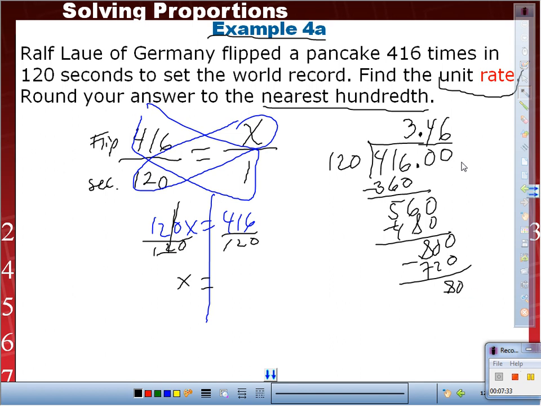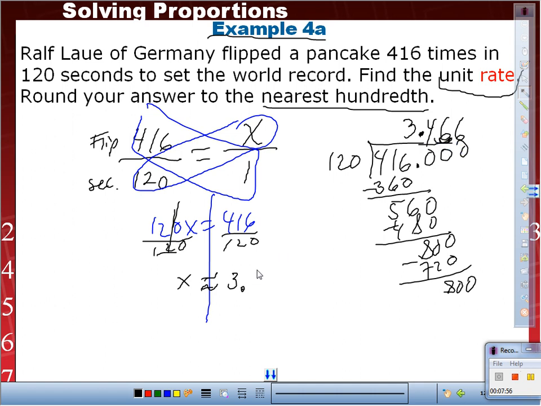Subtract. What do you guys notice? So if we were to round it to the nearest hundredth, what shall I write? Approximately what? The digit next to the decimal is the tenth, and this one is the hundredth.